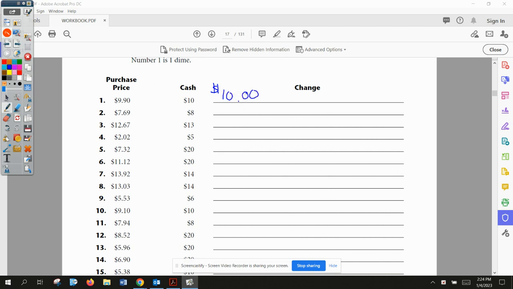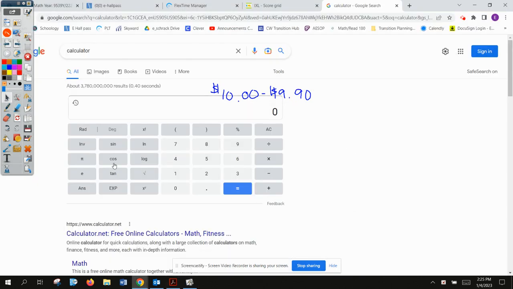What we're going to be doing is subtracting the purchase price, $9.90, from that. Here's where your calculator would come in handy. So $10, or 10.00, minus $9.90 would give us 0.1.